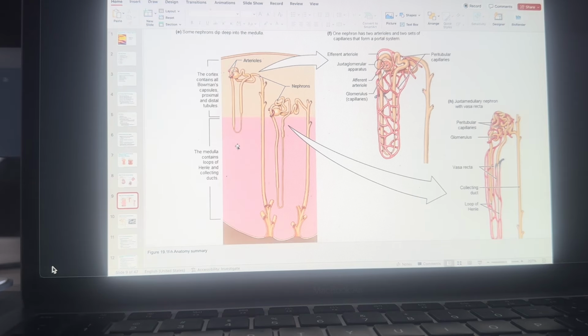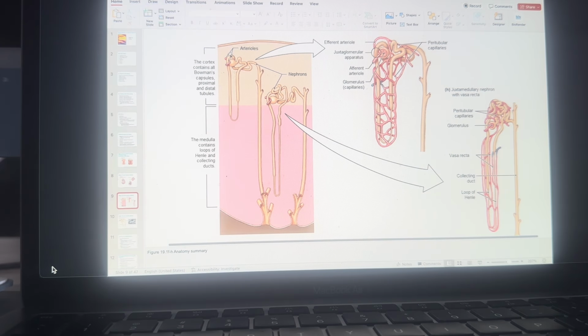So we're delivering blood to those nephrons, and then we're also recollecting the blood that has been filtered out, right? And we're either picking up or dispensing more substances like water or salts and ions, right? So here, this is how it's kind of organized, right? So one part of the nephron is organized in the cortex, the other one is in that medulla region, right?